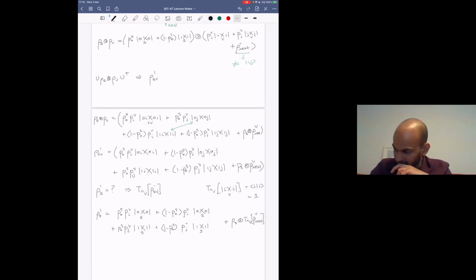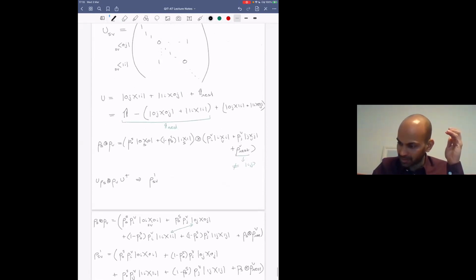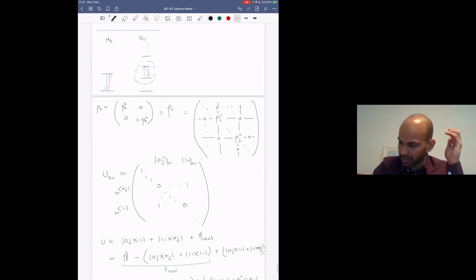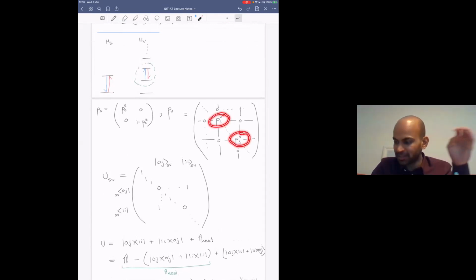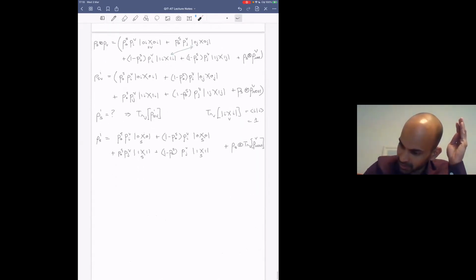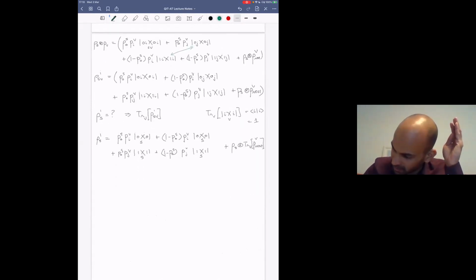So what is the trace of the density matrix of V without the elements that we've excluded? Remember, the state of rho V is a general state, and it has these two elements that represent the virtual qubit. So rho V rest is essentially the same density matrix, but with these not appearing. So this is 1 minus PIV minus PJV.